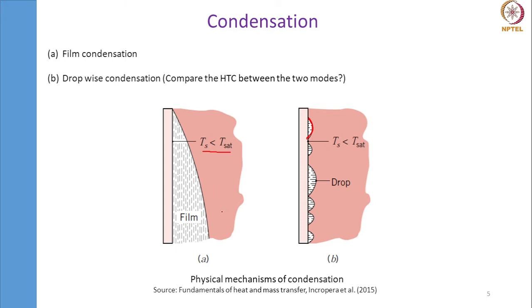So as a result, the extent of condensation reduces in the case of film condensation when compared with dropwise condensation. So the heat transfer coefficients are certainly one order higher in dropwise condensation.